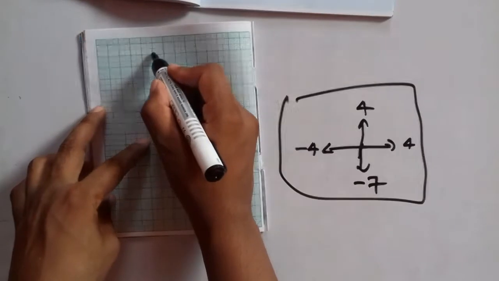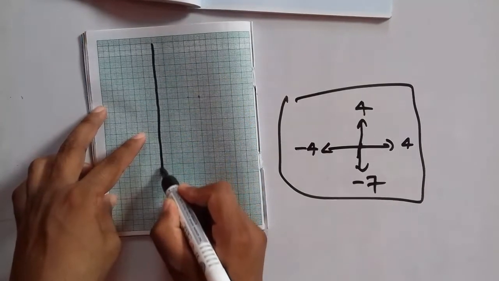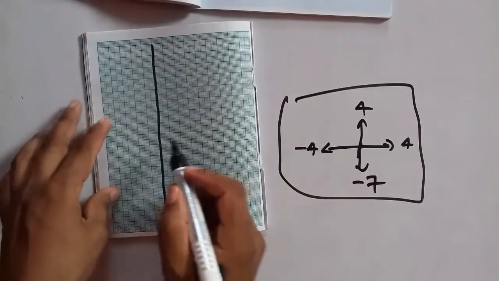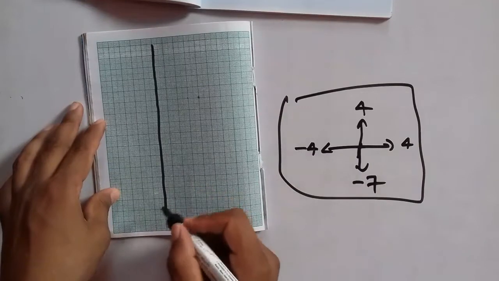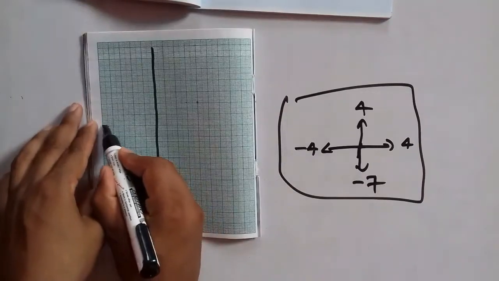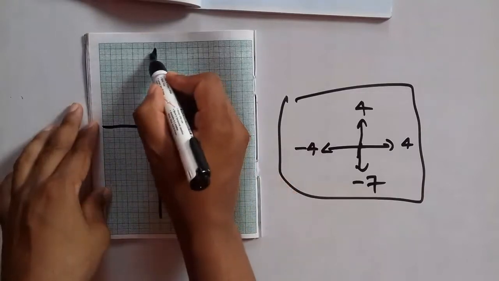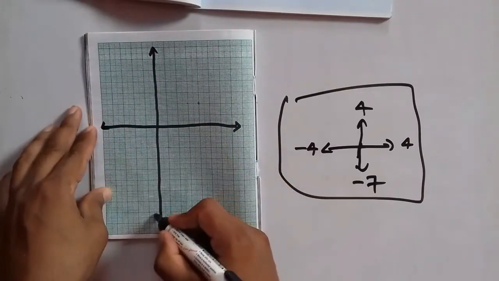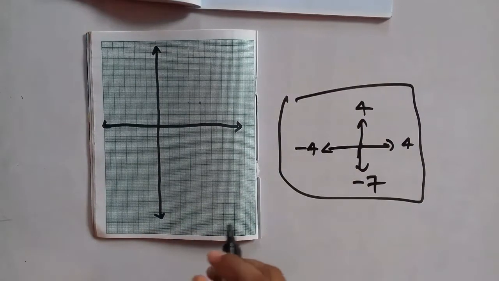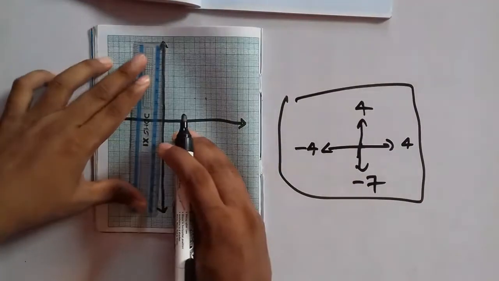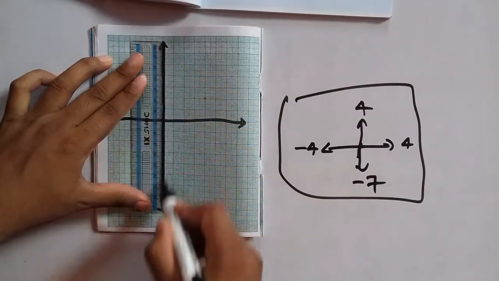So if I take here, it will be sufficient, and 7 units we have to take down. If you take here, it will be sufficient. This we have to draw by scale. I am only showing the way to do it. Like this, by scale we have to draw.